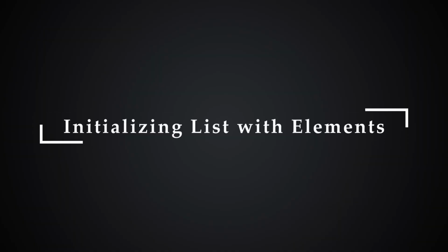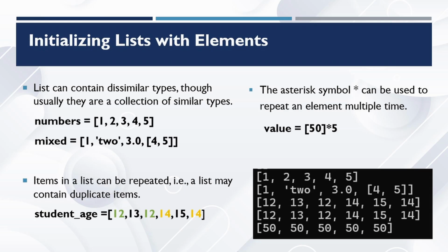Now let us discuss how to initialize a list with some elements. In Python, a list can hold elements of different types, although usually we group similar items together. For example, the list named numbers contains only integers, while the list named mixed contains an integer, a string, a float, and even another list.